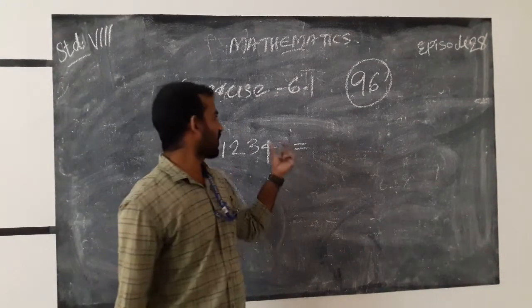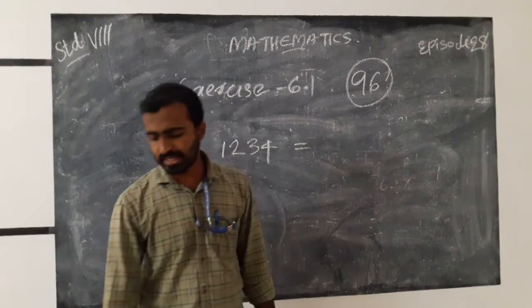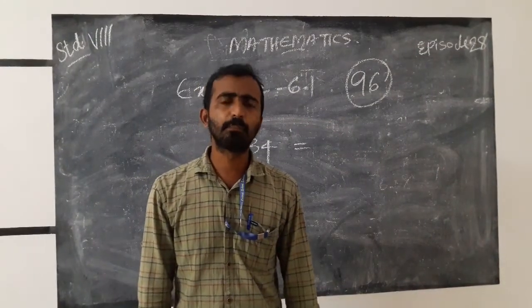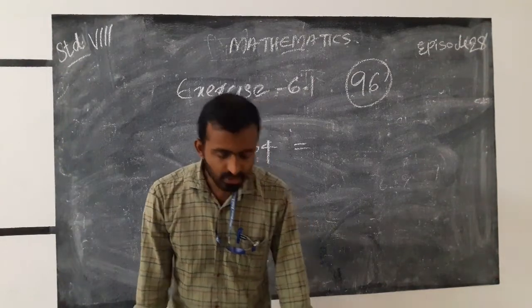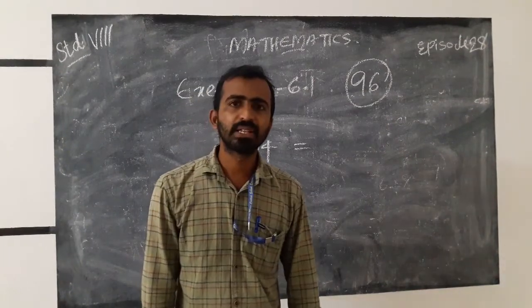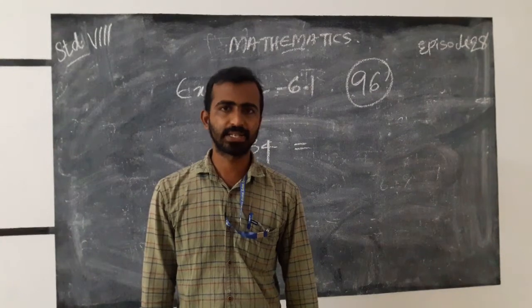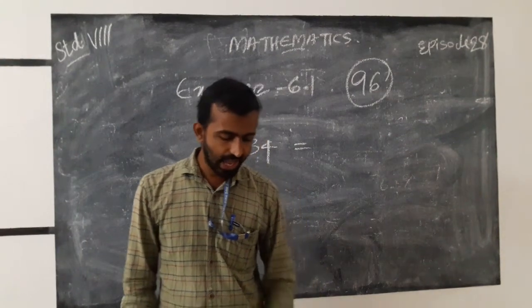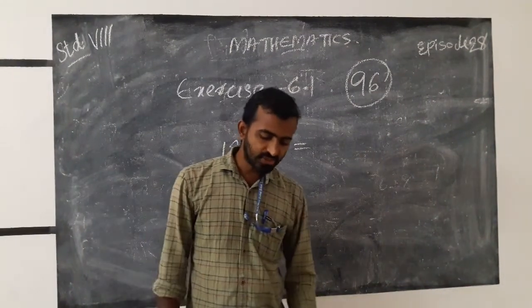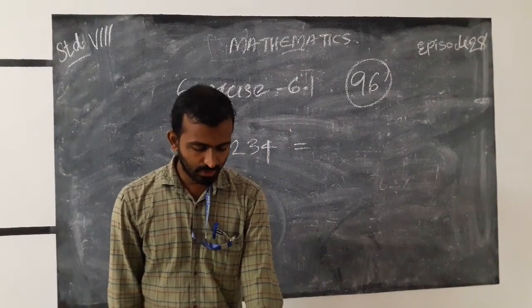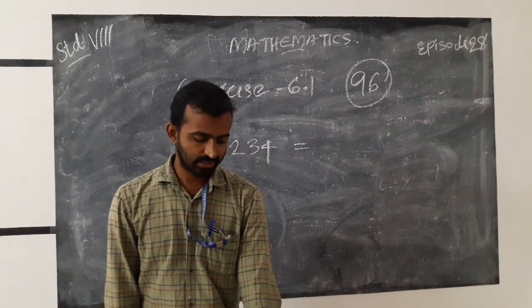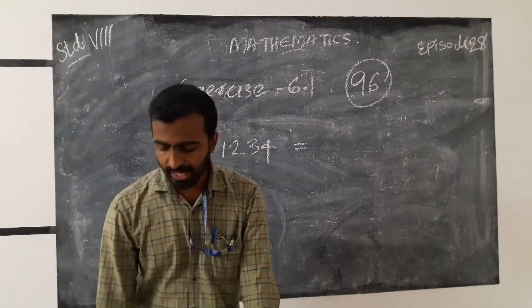When we take the square of this number, the answer's unit place is 6. Because 4 square is 16. That is, unit place is 6. Unit place is 6. And also, next we take the sixth one, 26,387.